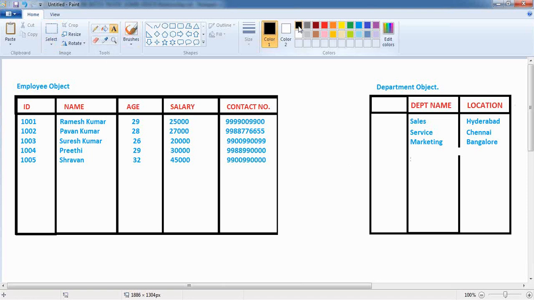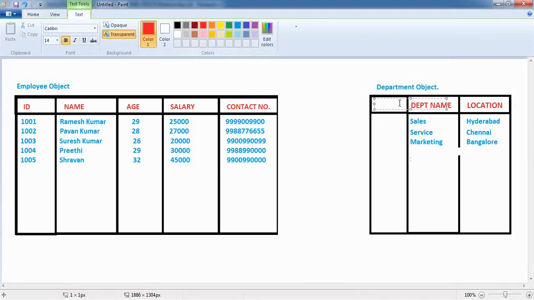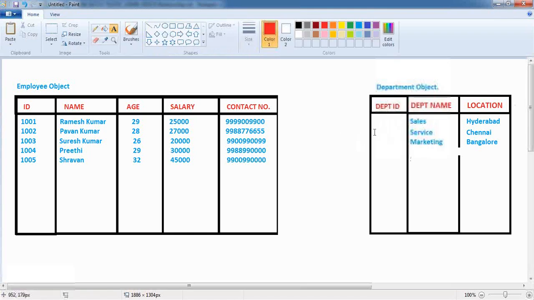Now I'm assigning the department ID here for the sales department. So here I would like to have the department ID column.